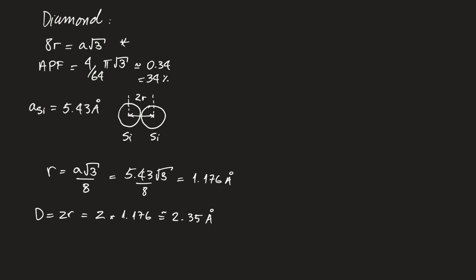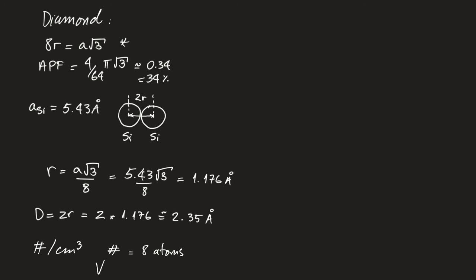We can also calculate the number density of silicon atoms in the unit cell, which is the number per centimeter cubed. So basically, the number of silicon atoms in a unit cell is 8 atoms, right? Remember, a diamond is 2 FCC together, and we have 4 atoms per FCC, coming to a total of 8 atoms.